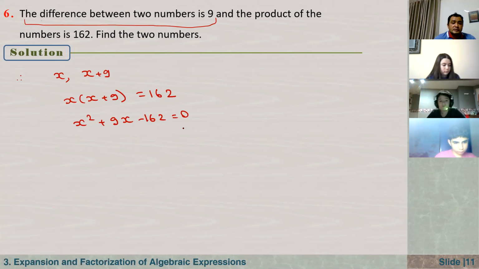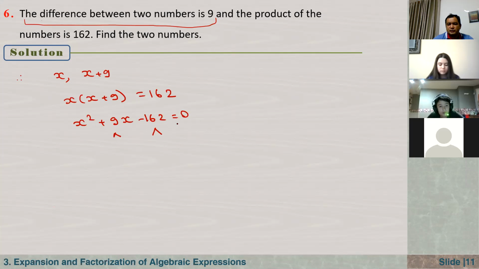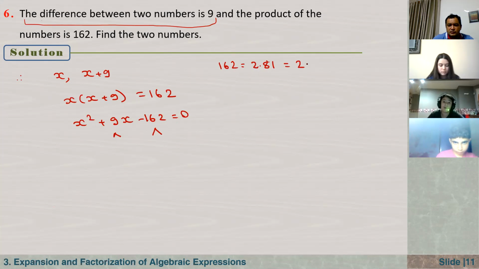Can we find two numbers whose product is 162 and whose difference is 9? I can write 162 as 2 times 81, and 81 is 3 times 3 times 3 times 3.